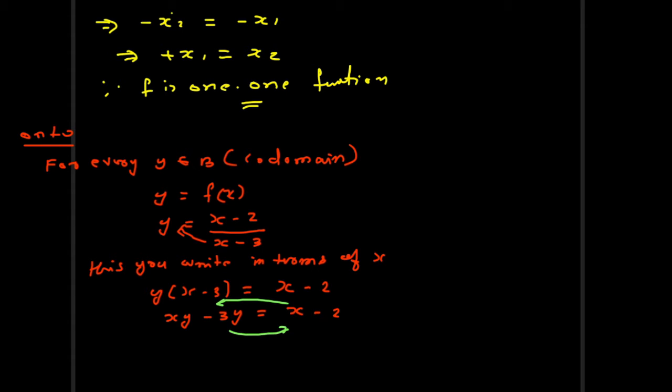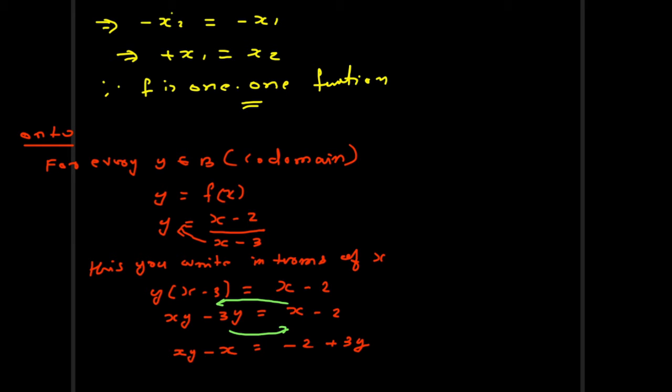Okay, so xy. So x you take this side, minus positive x becomes negative x, equal to minus 2 here, then this you take, plus 3y.